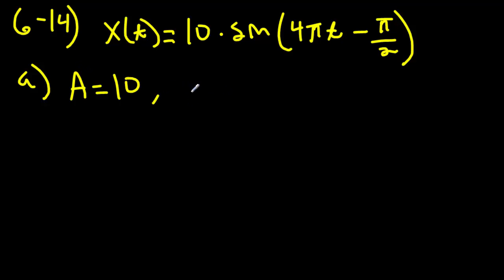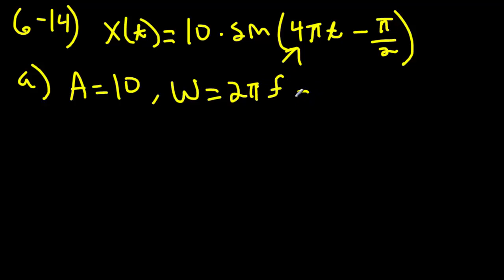So that's one. The next that we were asked for is frequency. However, the frequency is computed from the angular frequency. So we have omega, which is this term right here, the 4 pi, is equal to 2 pi f.